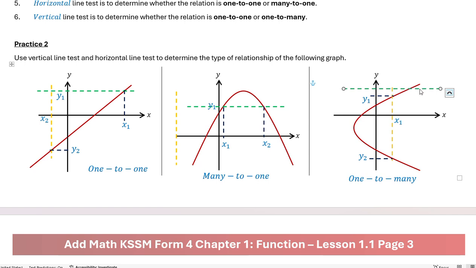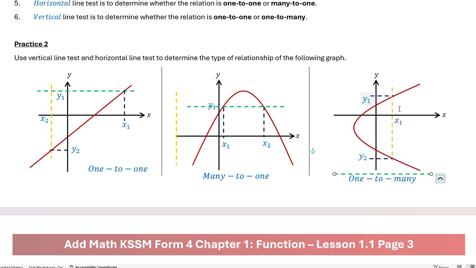Let us put the green line somewhere else, so that we can investigate the vertical line test. Let me put it here. How about this? We've got one object here pointing to two images.